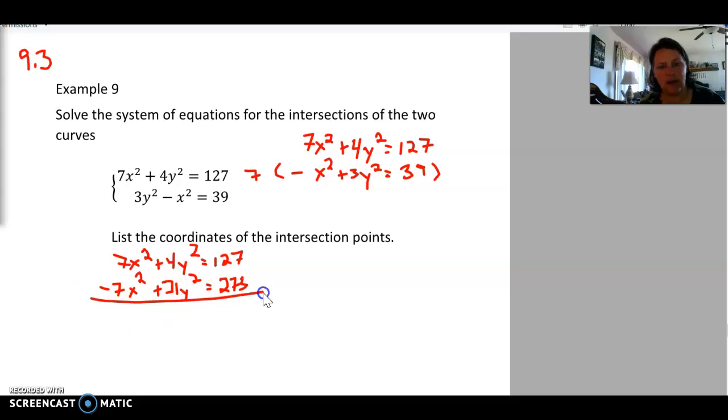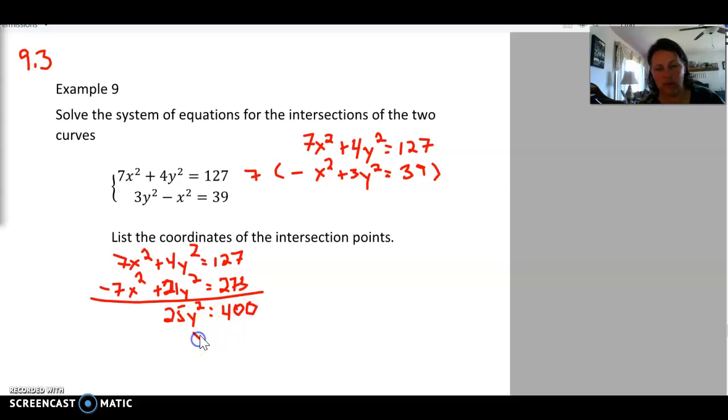Now adding these down, our x squareds are going to cancel, and this was 21, right? 25y squared here is equal to, that ends up being 400.